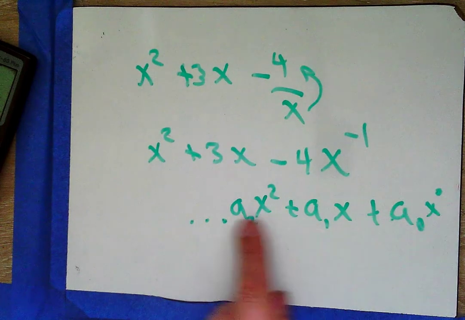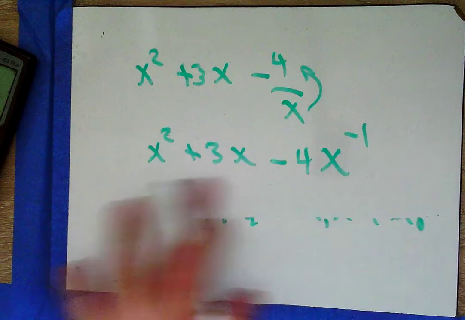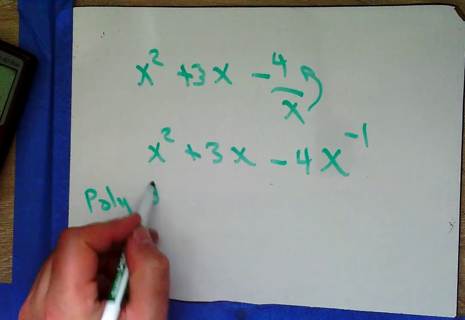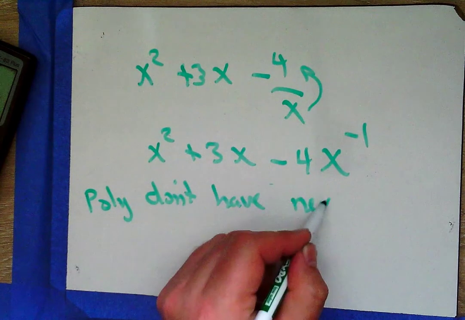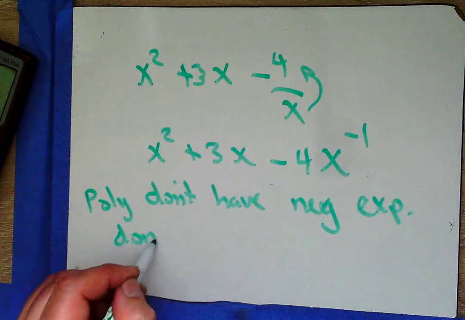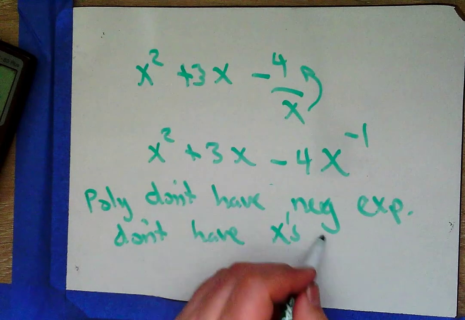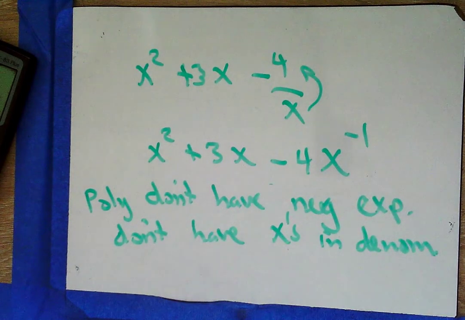Did we go past into negative land? No. So polynomials don't have negative exponents. They don't have x's in denominators.